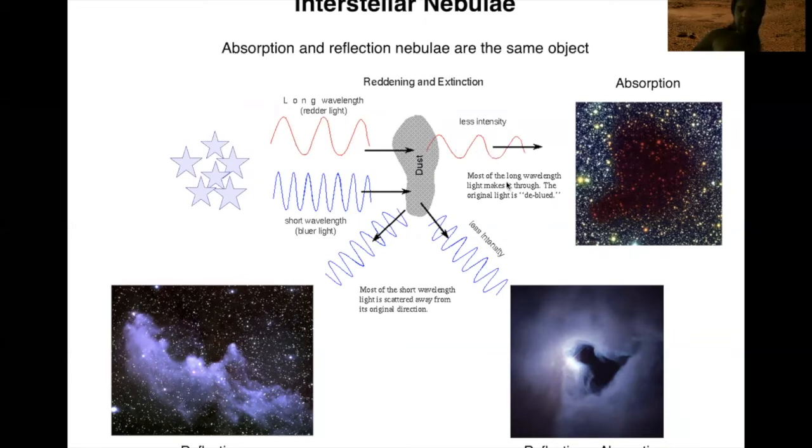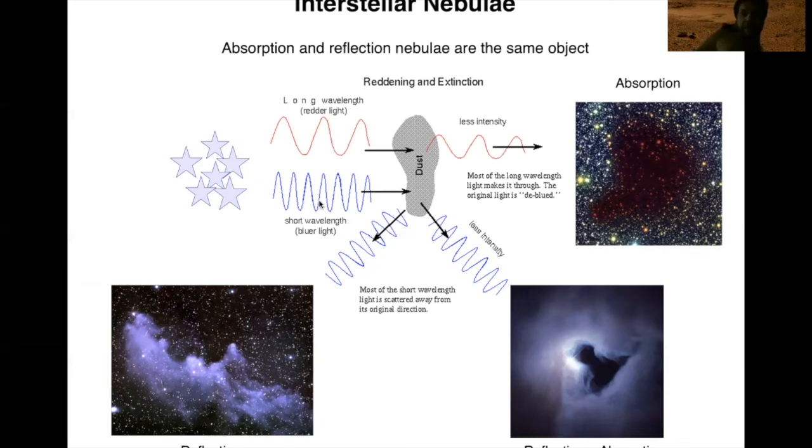Most of the long wavelength light makes it through, but the blue wavelength is going to be either absorbed or scattered. So what is going on is that the original light is deblued. That's the reddening. As you see here, this is a composition of 3 different filters showing that you see the stars in the red filter, but not in the bluer filters.